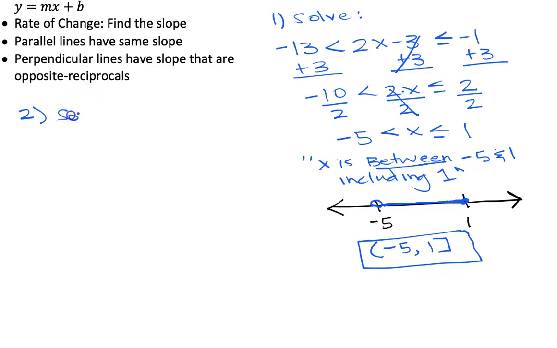Another one that was missed a lot is solving equations that have fractions in them. So let's look at one like that. So this one says 1/3 y minus 10 equals 1/7 y.